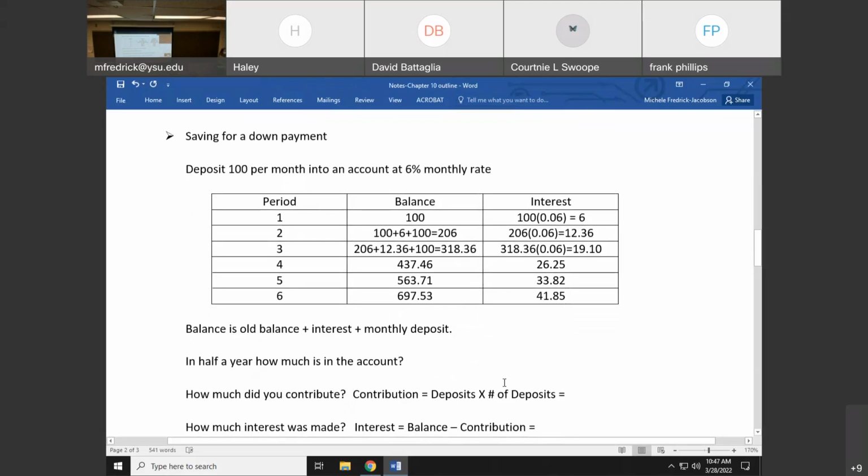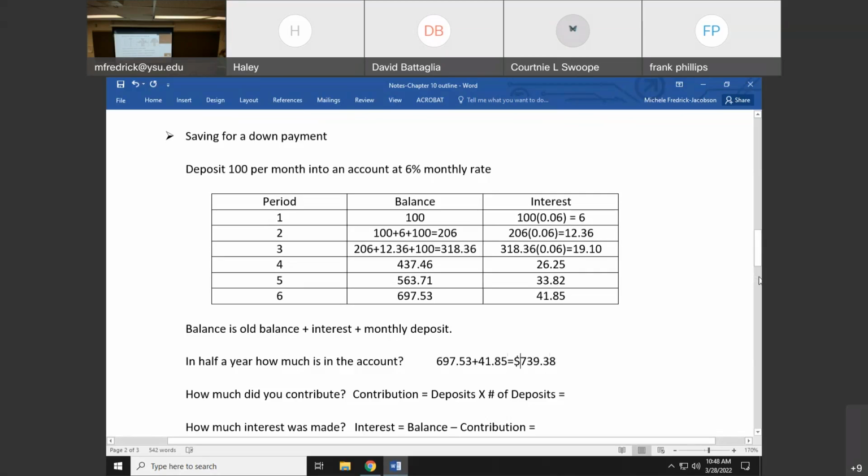So how much is in the account? 739.38. So at the end of 6 months, there's $739.38.